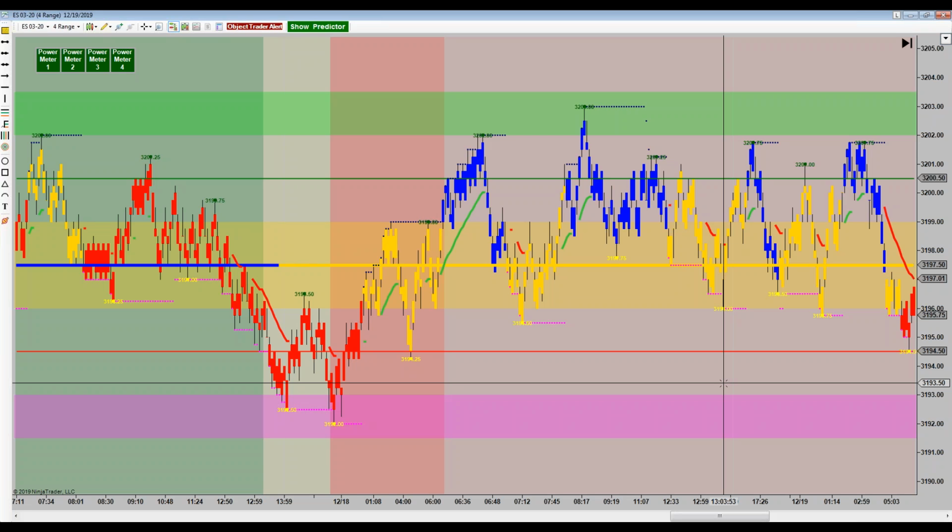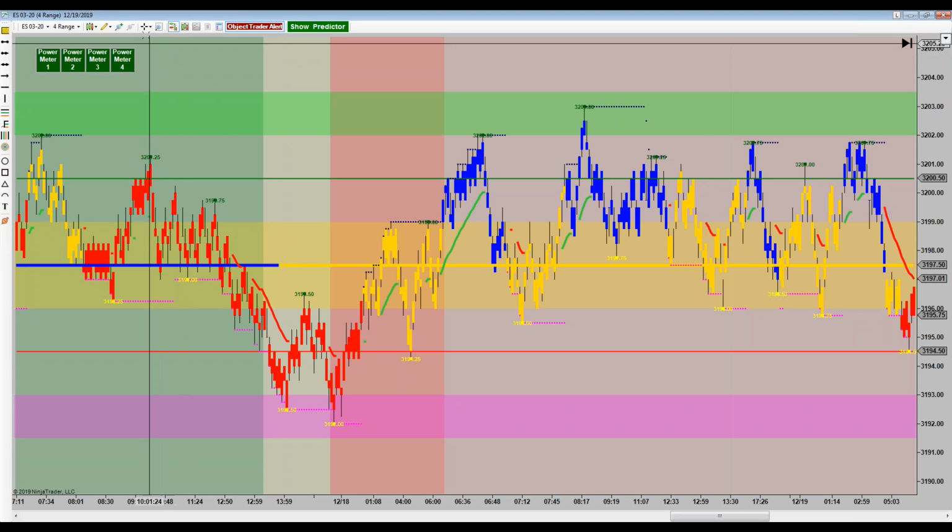Now here's how. Let me help you by sharing with you the process that I use to help define where I consider support and resistance to be. And it goes like this. I look to the left, and I start with the first swing I see.